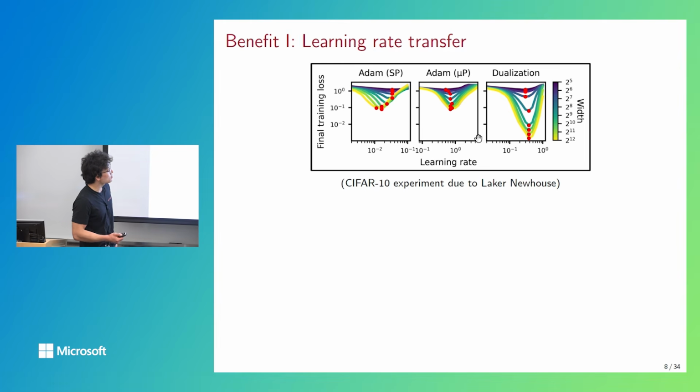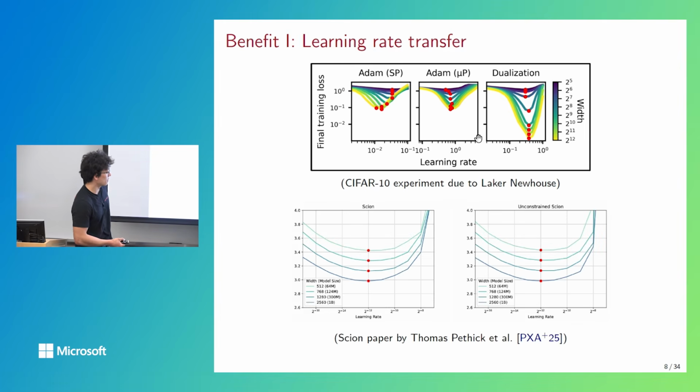And for language modeling experiments, there's this very nice paper from last year's ICML called Cyan, where the authors show that this orthonormal update Muon, with some slight modification, can give you very nice alignment.